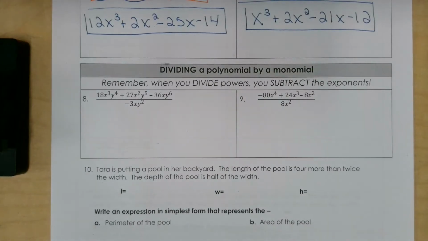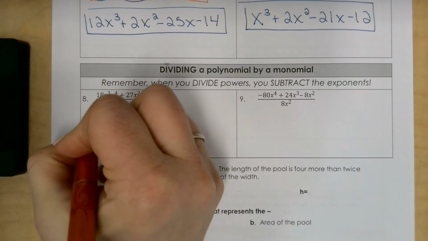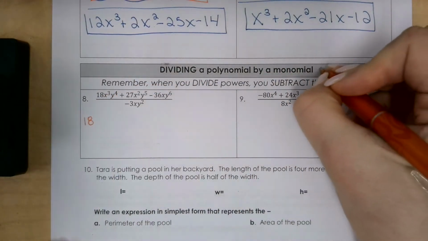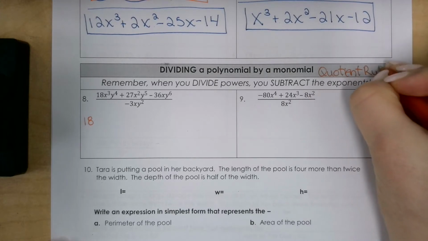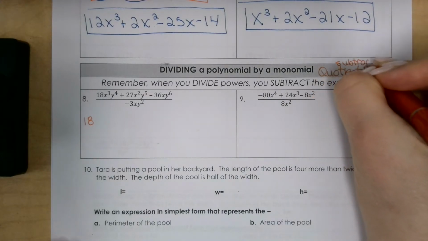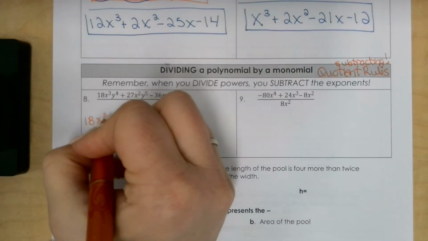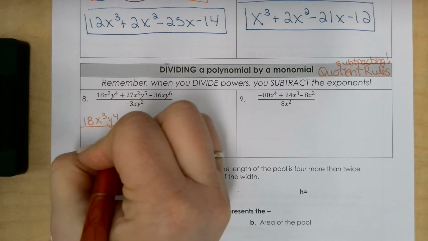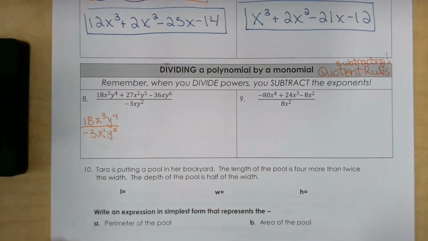And if I rewrite that, kind of separating them out with their common denominator, that will help me use now the quotient rule of exponents, and I'm going to be subtracting. So I have 18x cubed y to the 4th over negative 3x to the 1st y squared.